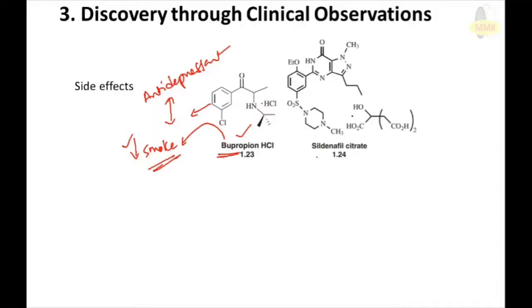The second very important drug here is sildenafil citrate. Sildenafil citrate was actually designed to treat angina or cardiac problems. Sorry, this is actually a phosphodiesterase PDE enzyme inhibitor.